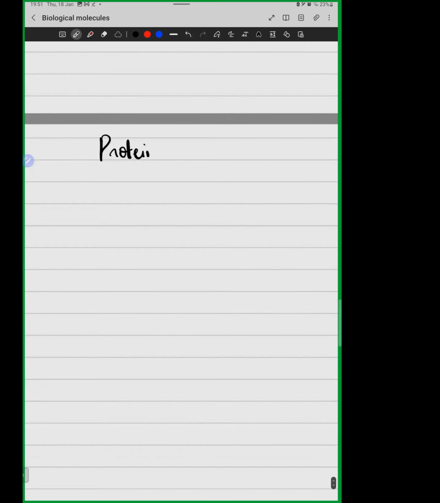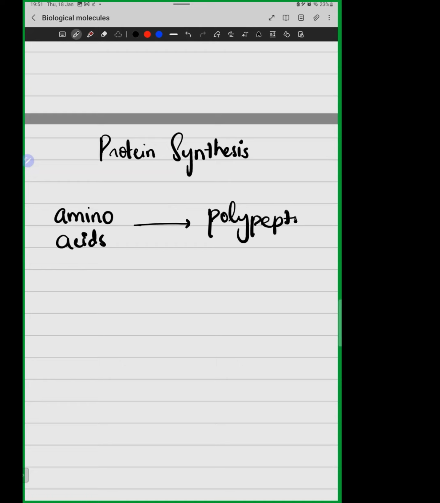For protein synthesis, what happens is that we have amino acids which join together to give you polypeptides. And this is basically occurring at your ribosomes or your rough endoplasmic reticulum.